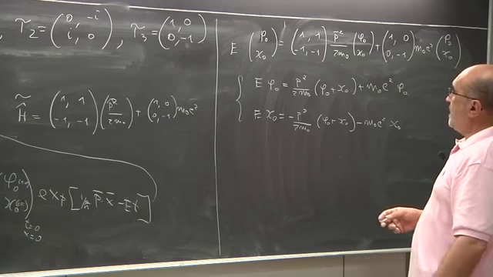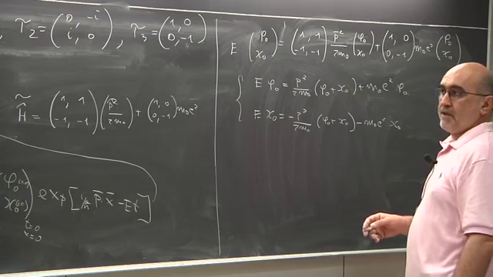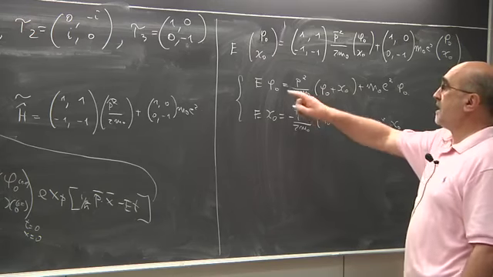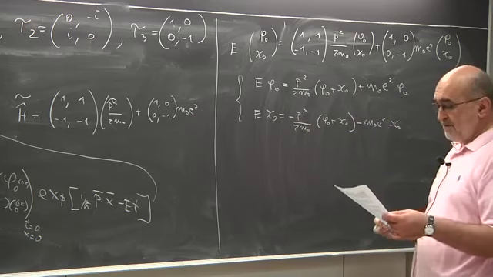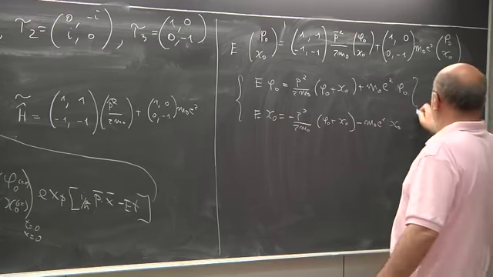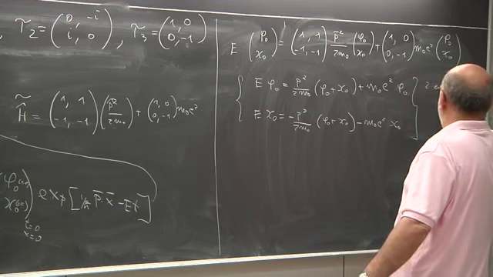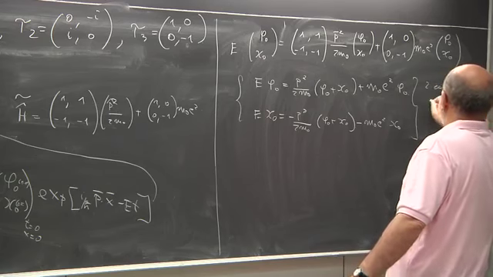Now you see, these are not anymore differential equations. These are algebraic equations for these unknowns, phi 0 and chi 0. And they are coupled equations. These are two coupled algebraic equations.